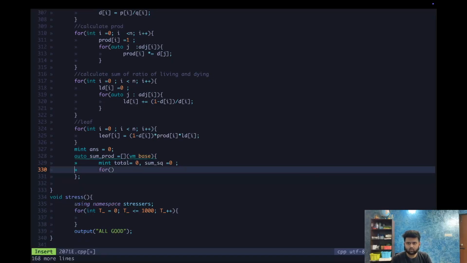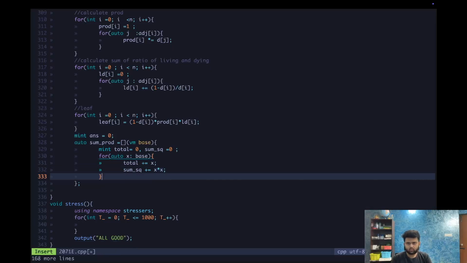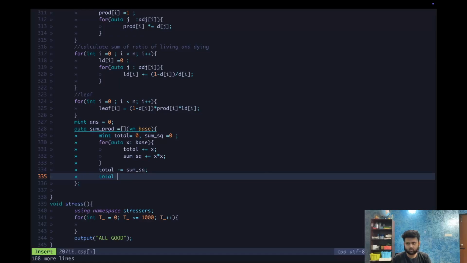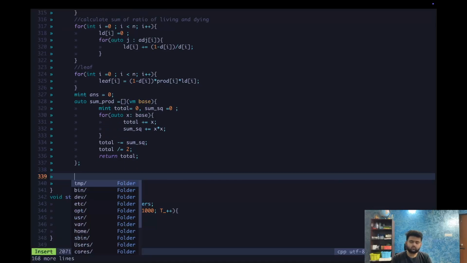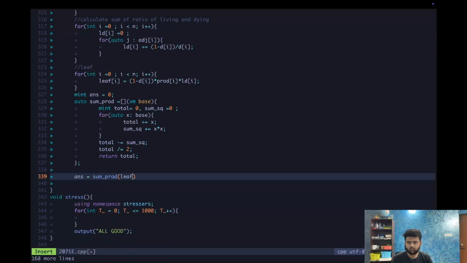For each variable in the vector, I add to the total and I add to the sum square, and then take total squared minus sum square and divide by 2. Now we'll start off with our answer without caring about case 2 and case 3, so answer is equal to sum prod of it being leaf.